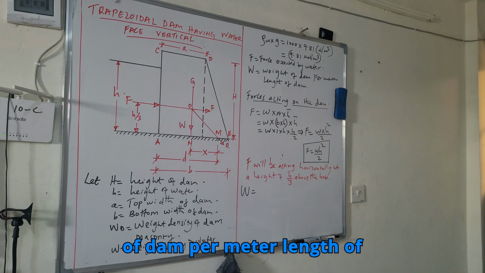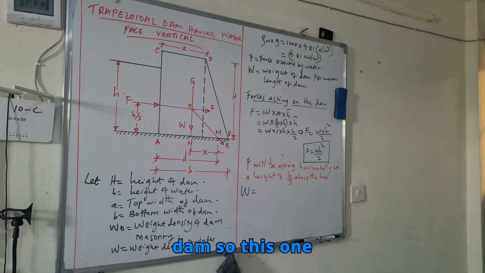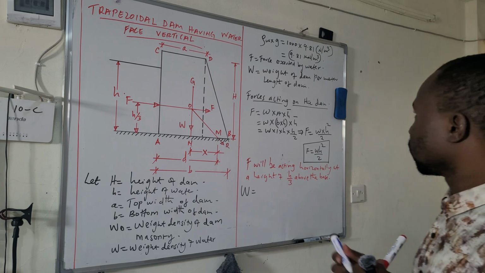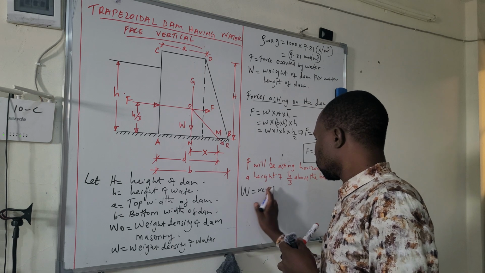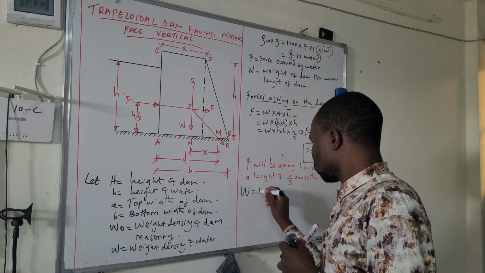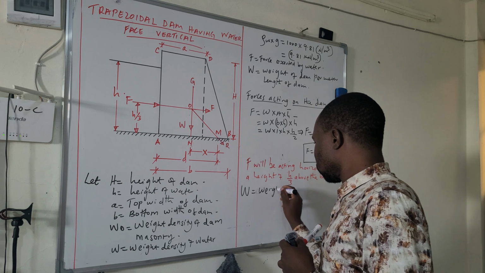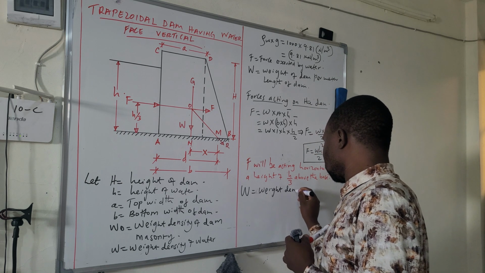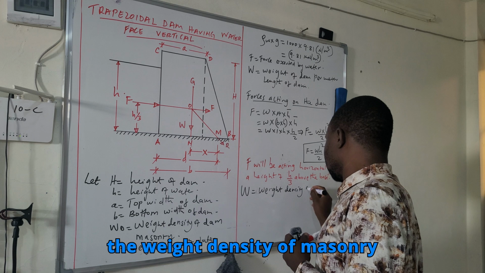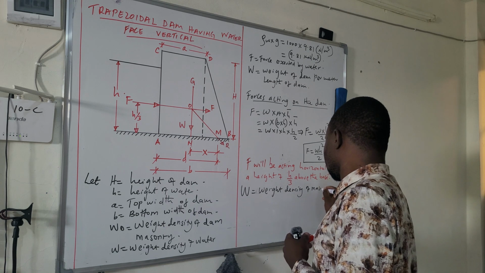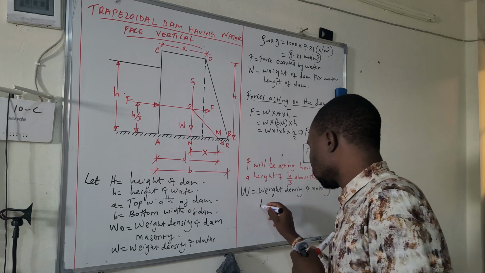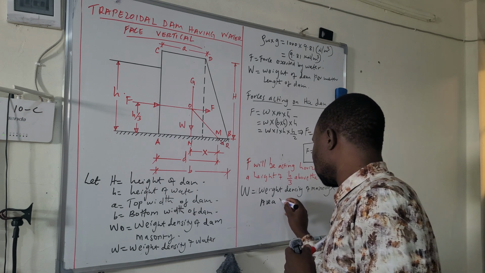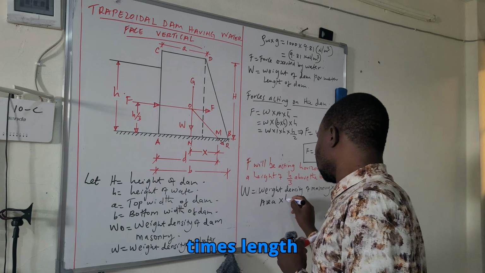This will be the weight density of masonry times area times length.